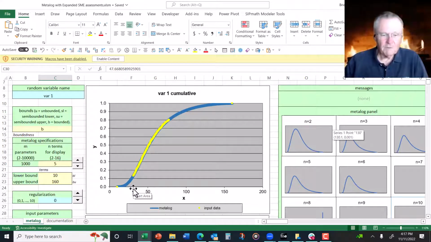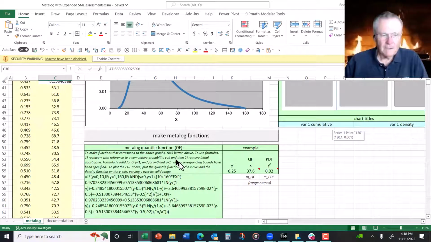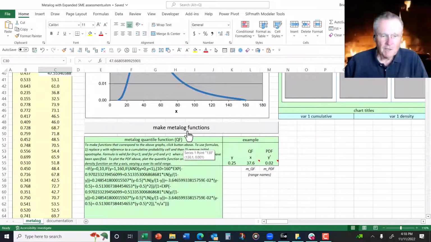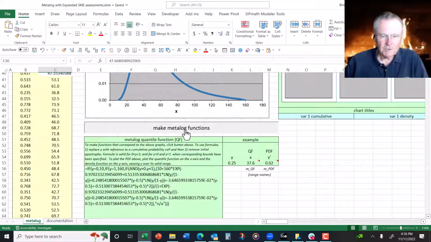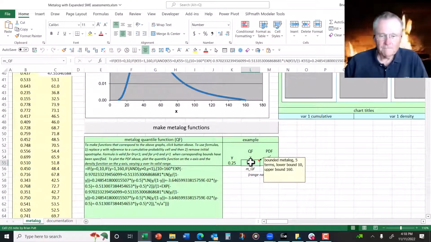So I still have to get that over to my Excel file. So what I do is say, make metalog dist function, and that generates this distribution down here, which is then also reflected over here.